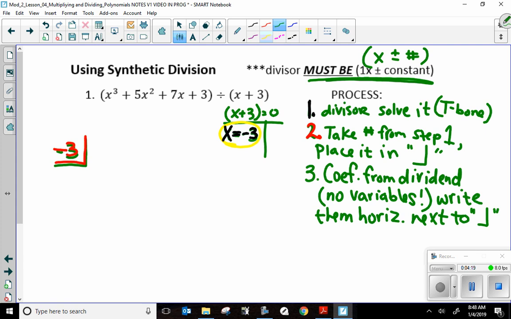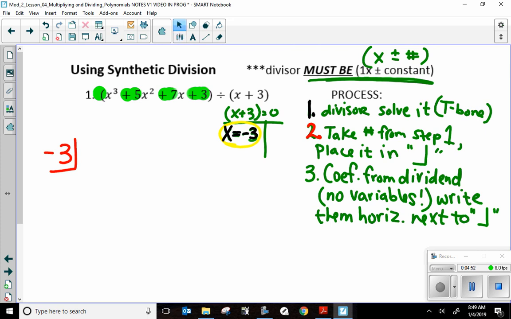So I'm going to take the coefficients from my dividend. I don't want variables. I think the reason people like synthetic division is the variables go away. So if that makes you happy and perks you up, it should. What am I talking about? I want just my coefficients, and I don't want any of the x's.